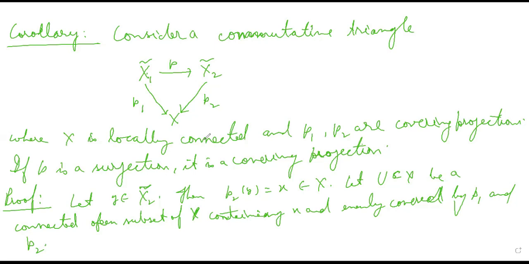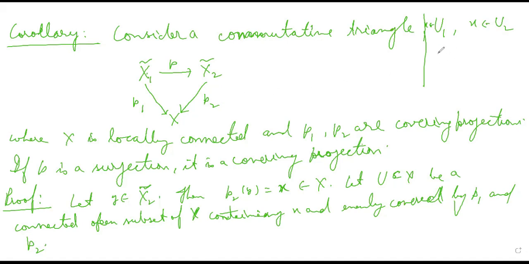So this we can do because P1 is a covering projection. So there will be an open set U1 containing X, which will be evenly covered by P1. Similarly, there will be an open set U2 containing X and evenly covered by P2.